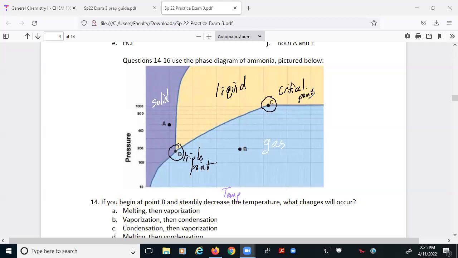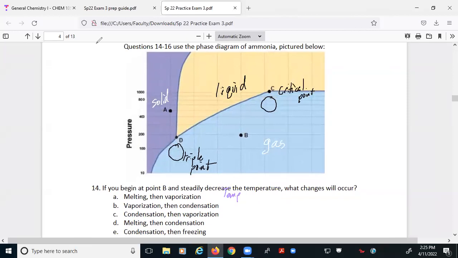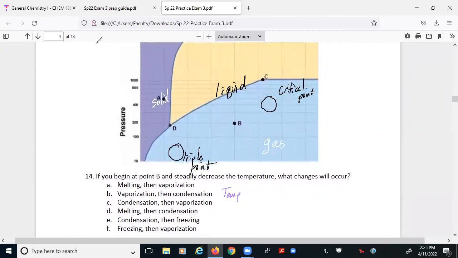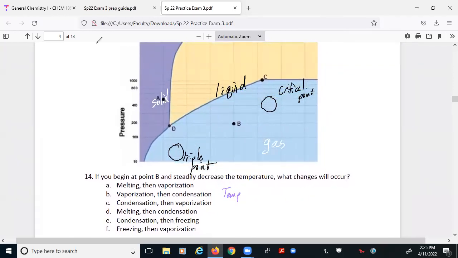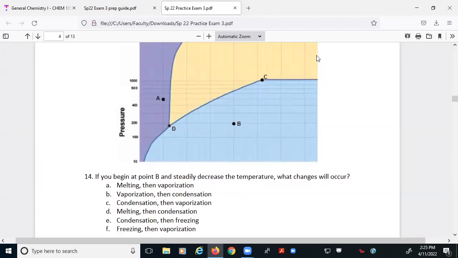So the question, or at least question 14, is, if I begin at point B and steadily decrease the temperature, what am I going to see happen?